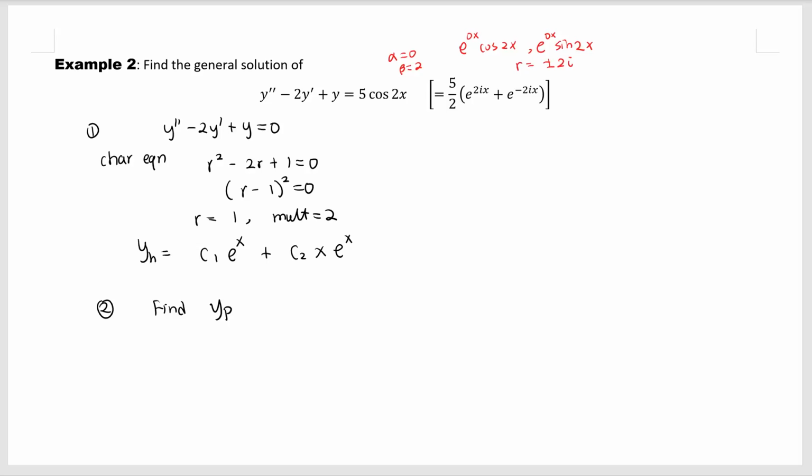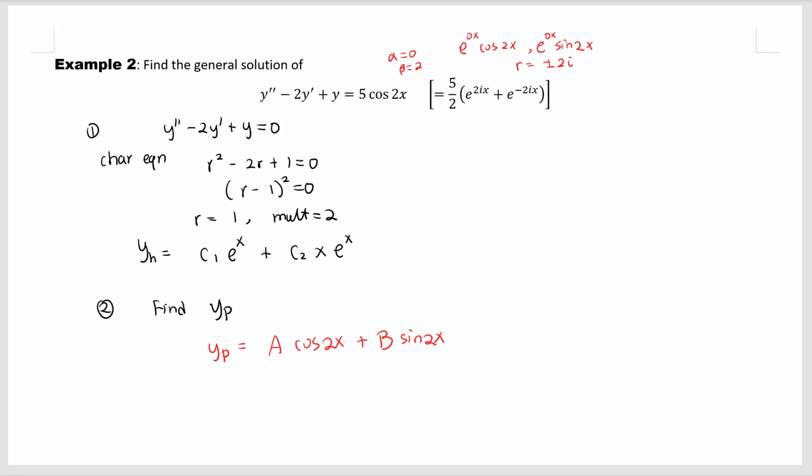So this root r equals plus or minus 2i. What is the general term for it? How do we set it up? The general term for plus or minus 2i is a e to the 0 times cosine 2x plus b e to the 0 times sine 2x.